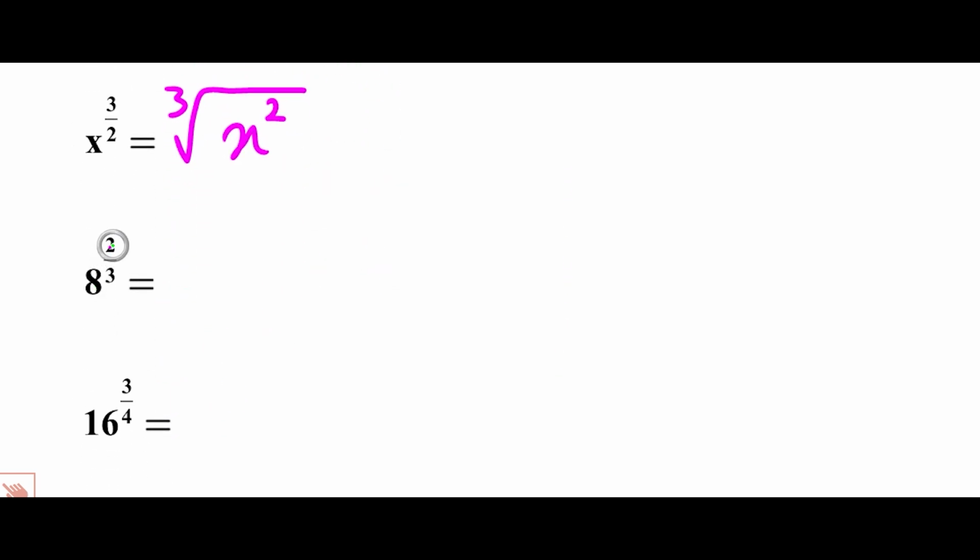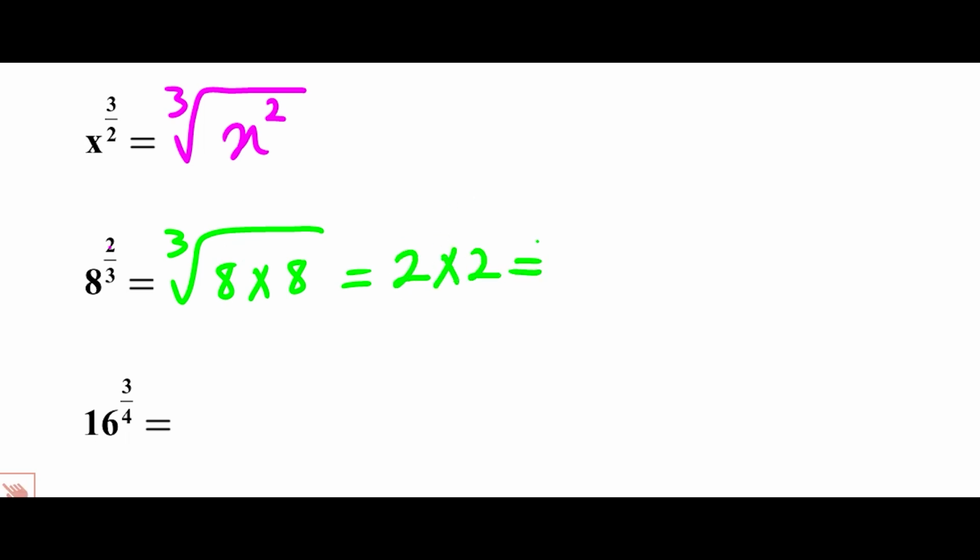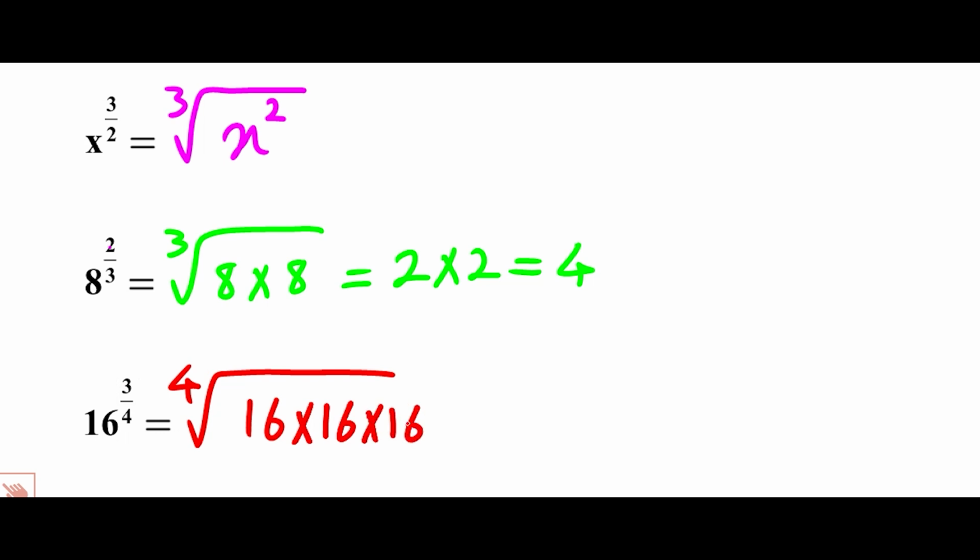Or 8 to the power of 2 over 3 equals the cube root of 8 squared, or the cube root of 8 times the cube root of 8, which is 2 times 2 equals 4. 16 to the power of 3 over 4 equals the fourth root of 16 cubed, or the fourth root of 16 times 16 times 16, which equals 2 times 2 times 2 equals 8.